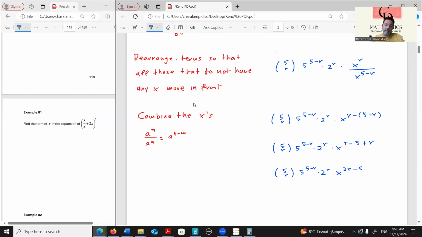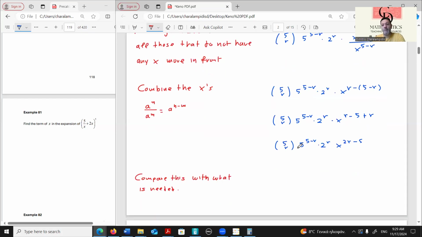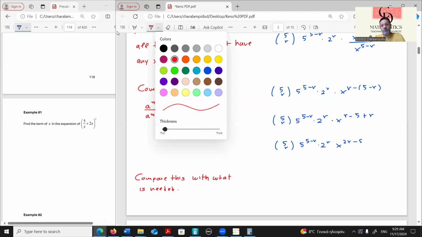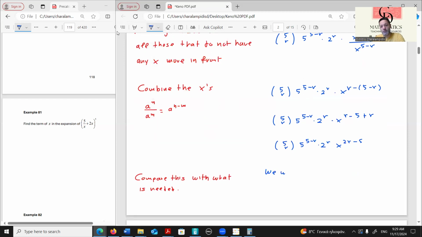Now that we are done, we should compare this with what is needed, meaning that we want to find the term that contains x. And we have so far found that any term looks like that.